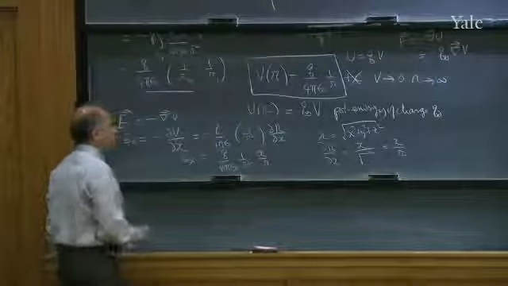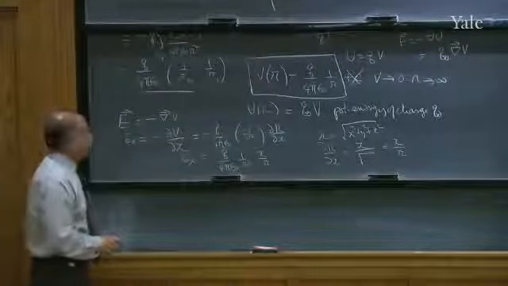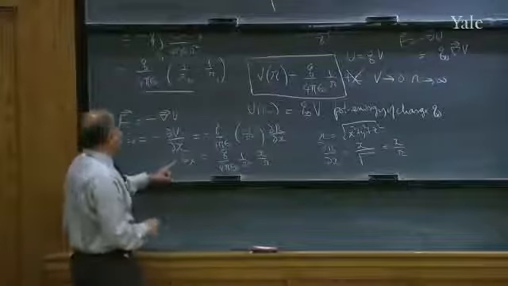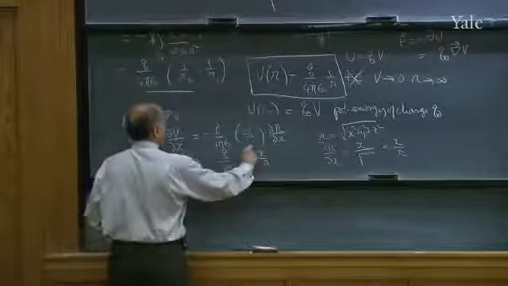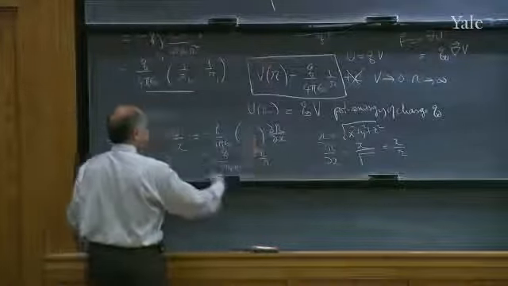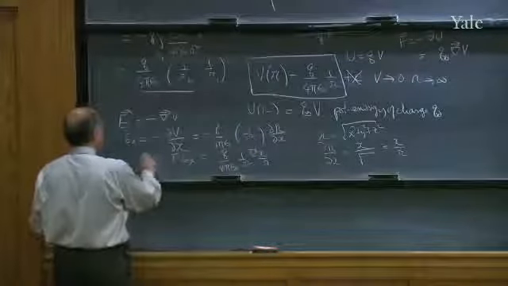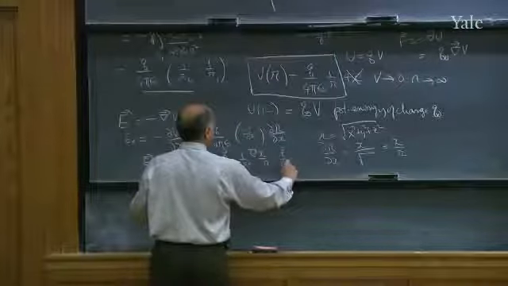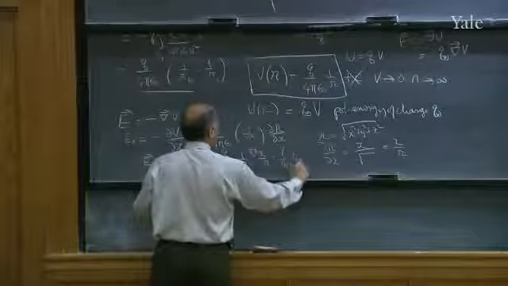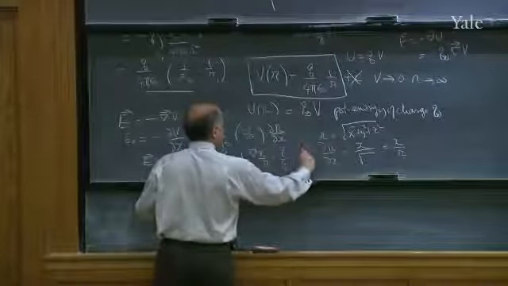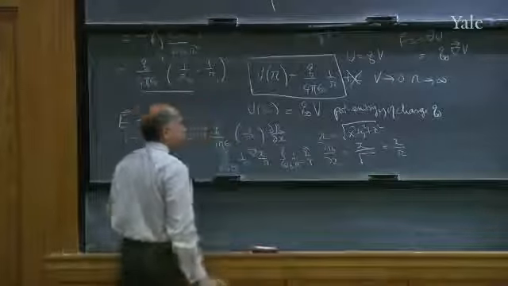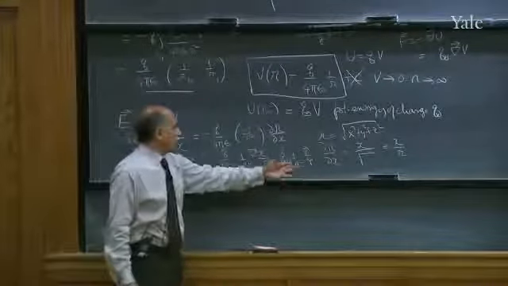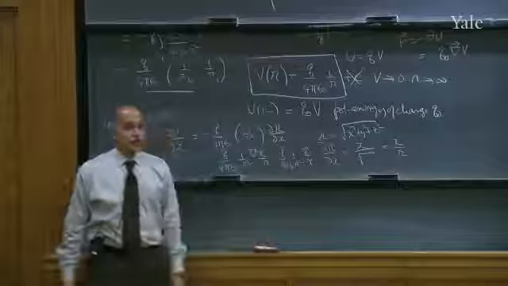So what will be the vector E? Can you do that in your head? Multiply this by i and do similarly for y and z and add them up. What will you find? You will find E is equal to Q over 4 pi epsilon 0, 1 over R squared times R over R. But R over R, the position vector over R, is the unit vector in the radial direction.